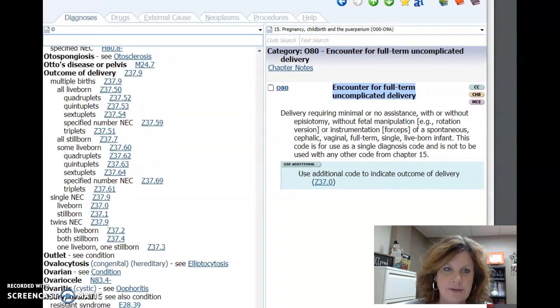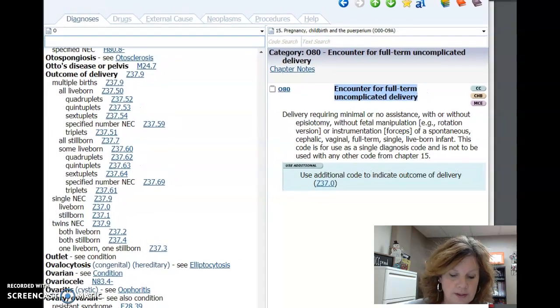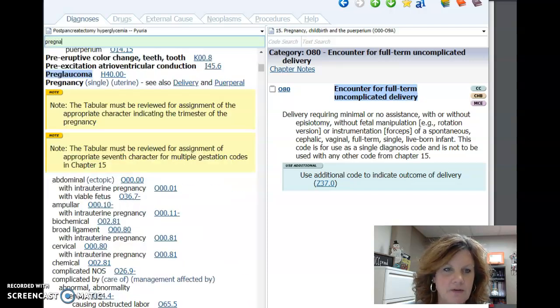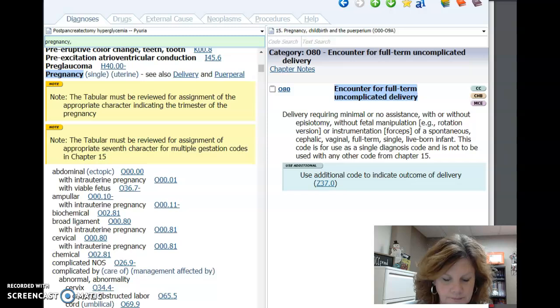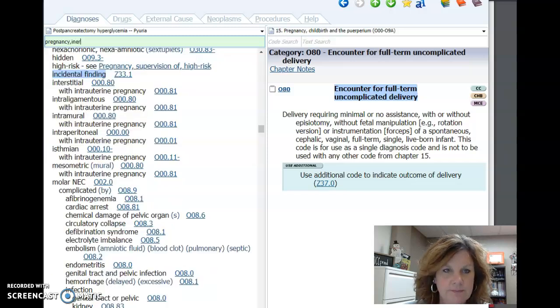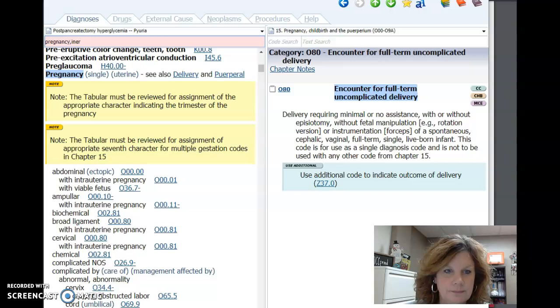A couple of different things here. When looking up codes, you can go to pregnancy, delivery, or just different ways to find codes. Let's just go with pregnancy here for this one.